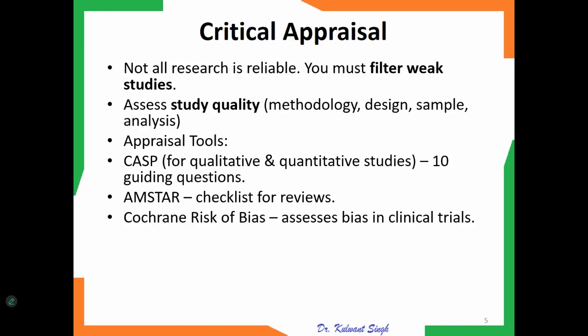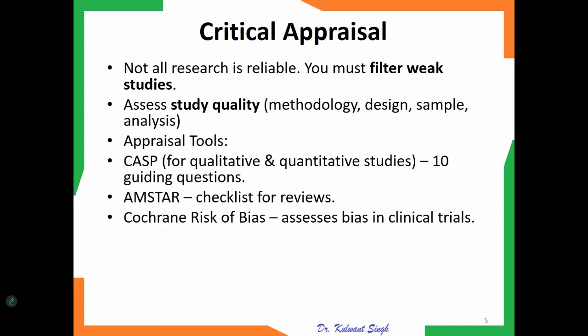Second is AMSTAR. AMSTAR is the same type of strategy or tool to check the quality of a paper, but CASP we generally use to check the quality of research papers.